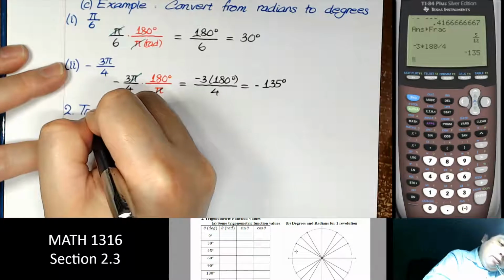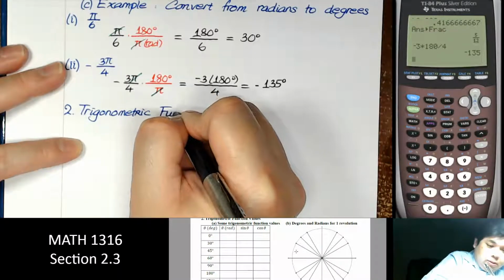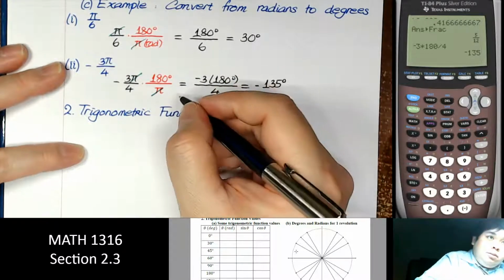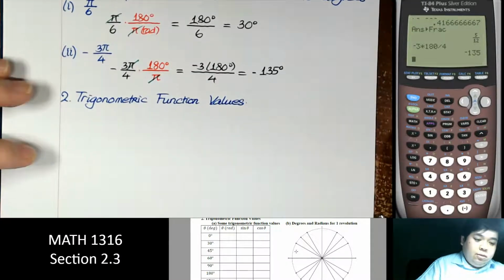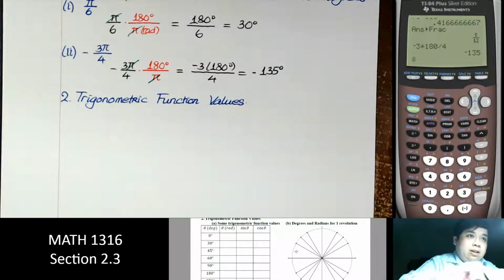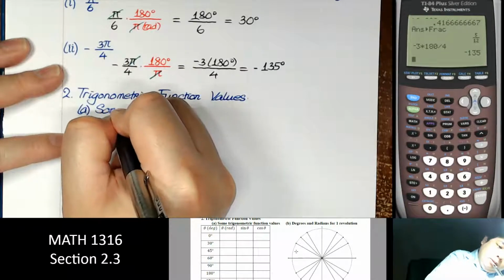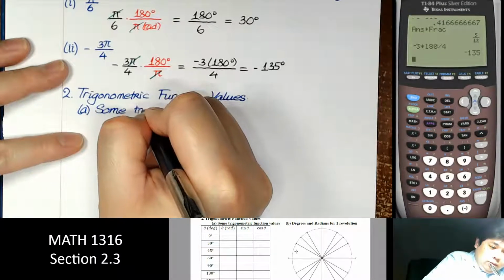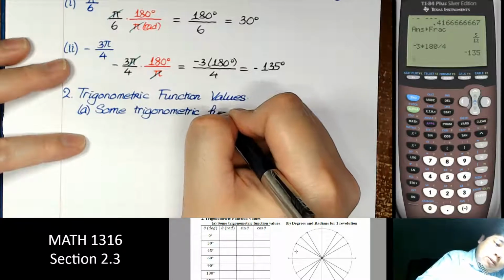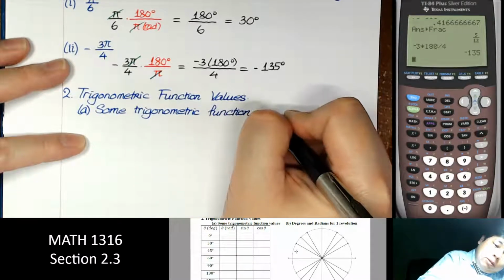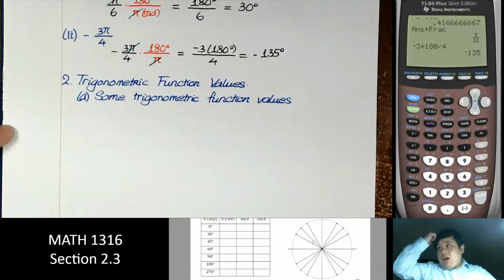Trigonometric function values. We have the special values of 0, 30, 45, and 60, 90.